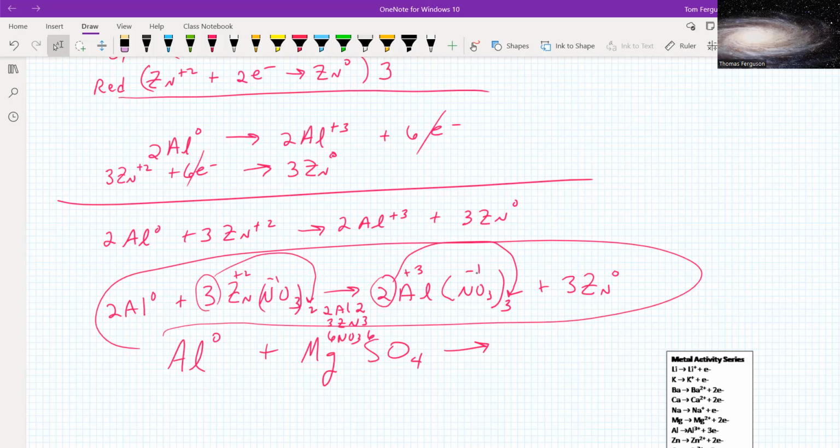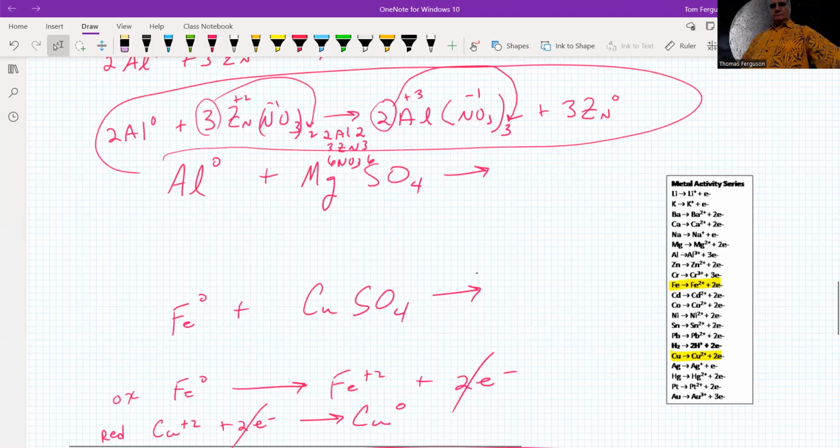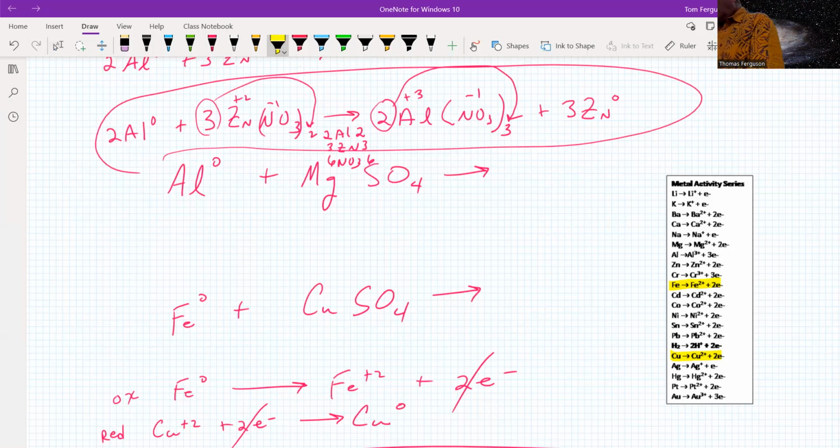Was this reaction a go? Why? Okay, let's find magnesium. Aluminum and magnesium, okay?